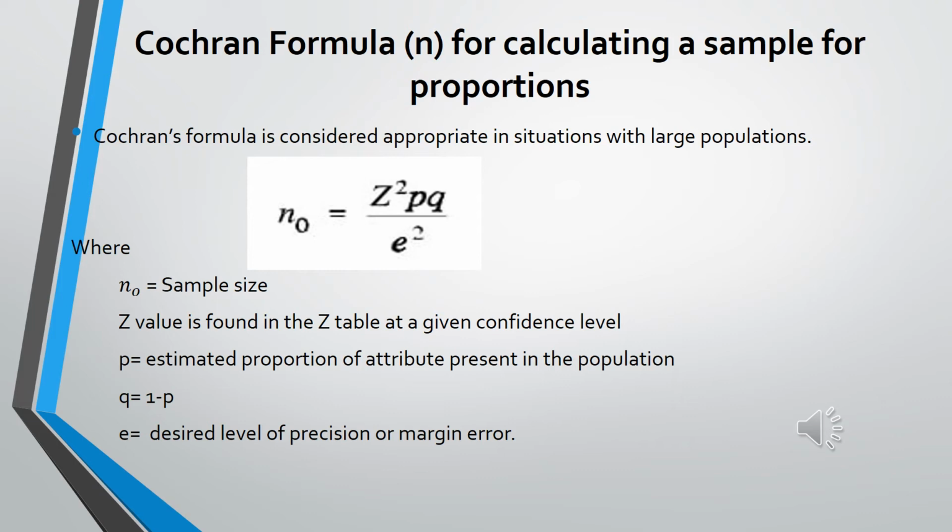You can get this proportion from your previous study. And q is the probability of failure, which is equal to 1 minus p, and e, as we already discussed in our previous slide, is the margin of error or degree of precision.